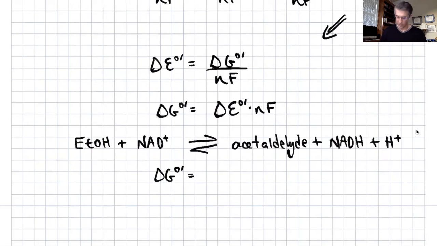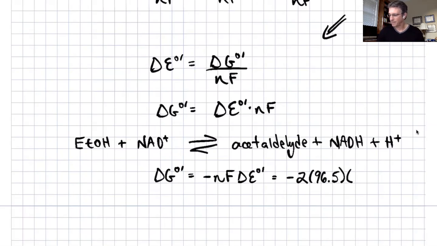times the difference in the standard state reduction potential, which is just now equal to minus 2, because we had 2 electrons, right, times 96.5, and adjusted for the units, which I'm not going to write out here explicitly, times minus 0.123 volts, right?